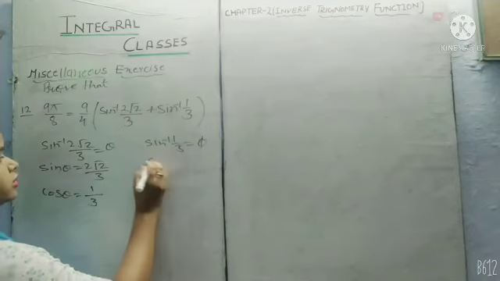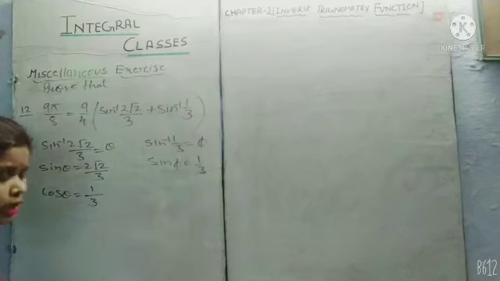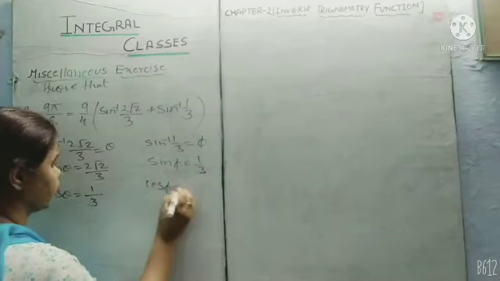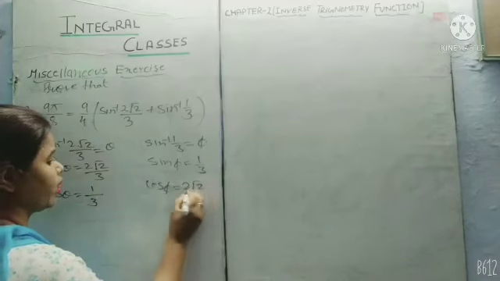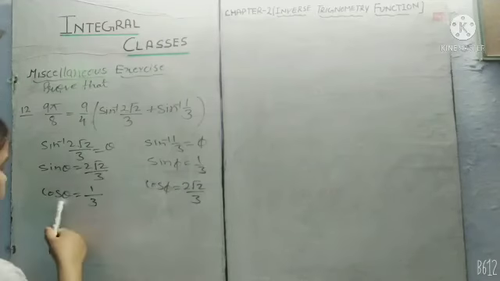Then sin phi equal to 1 by 3. Then we will solve and cos phi equal to 2 root 2 by 3. Student, I hope you can find these two values, cos theta and cos phi, yourself.